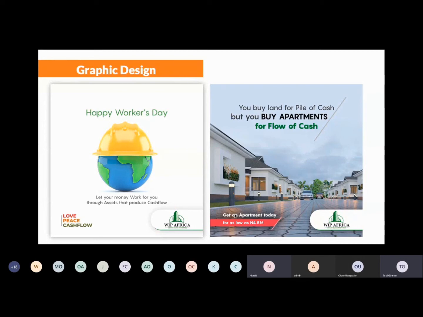Can you see gray? Because it is not as important as happy workers' day. So any color that is more striking, you need to make it obvious so that you can communicate the idea better. Whatever message is more important, you need to make it a color, right?